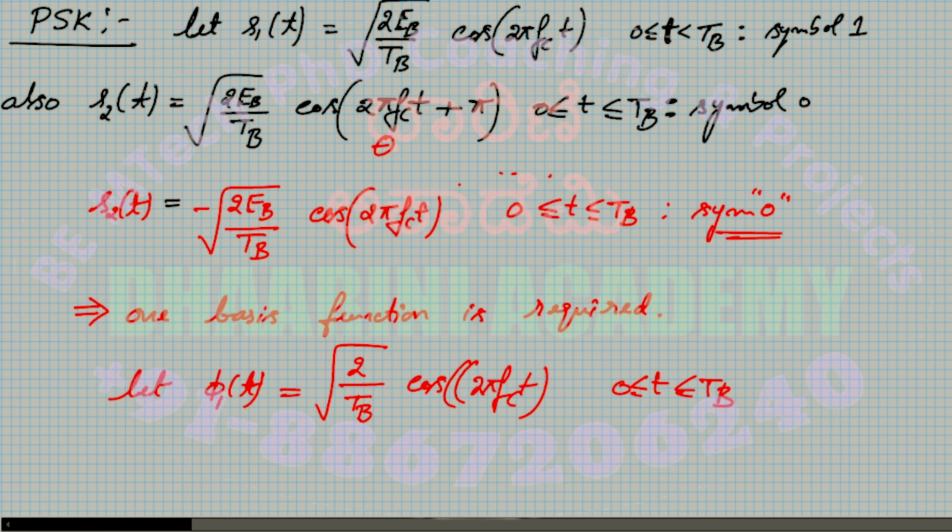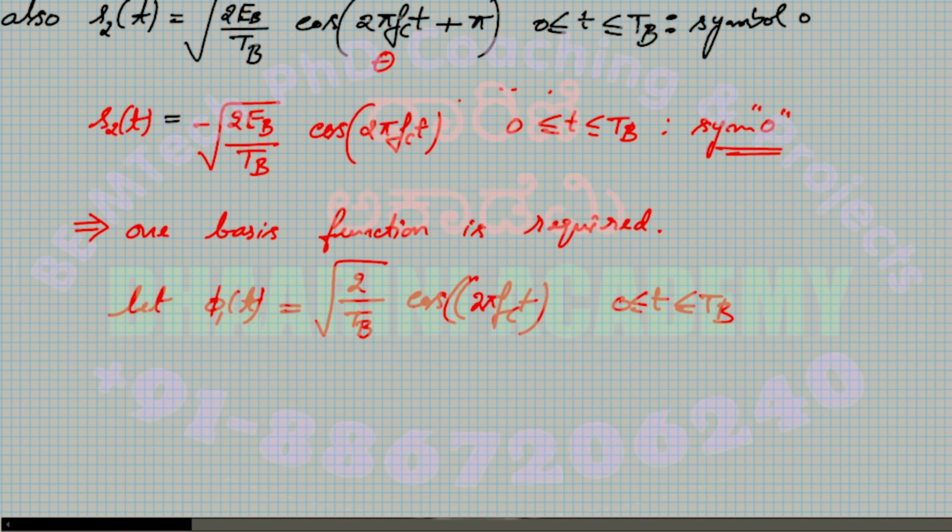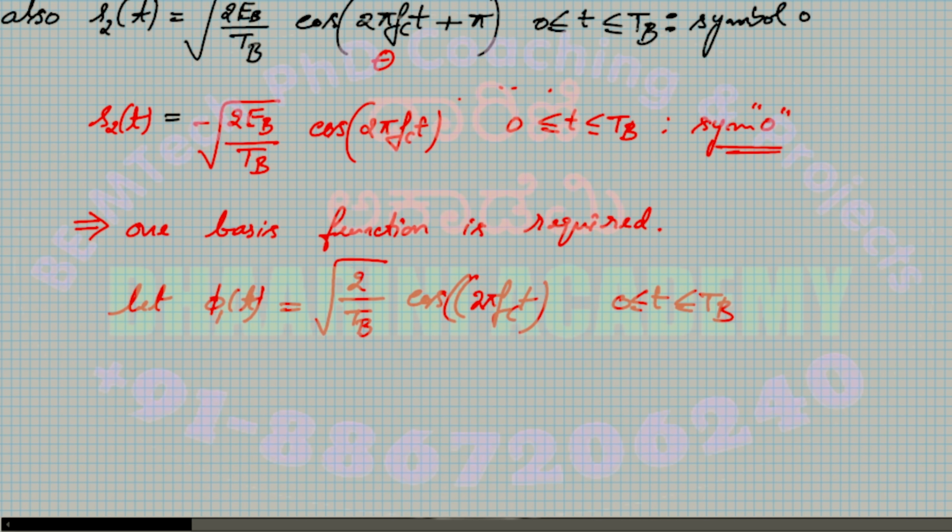Now I understand that when I am sending the symbol 1, I need to multiply this by plus root EB. And when I want to send the 0, I need this to be negative, so minus root EB needs to be multiplied. Correct? So this implies I can write now, what is S1 of t? S1 of t is equal to root of EB into phi 1 of t.